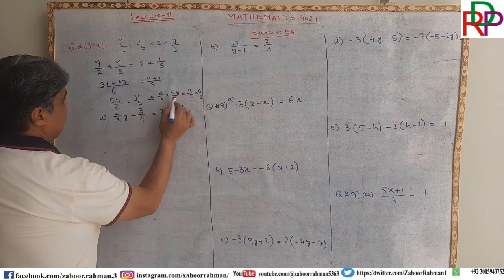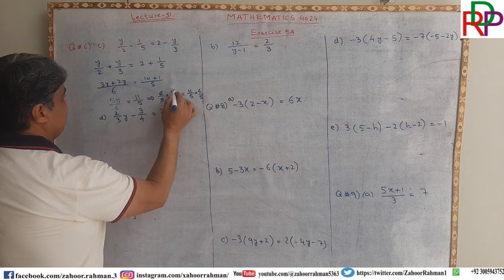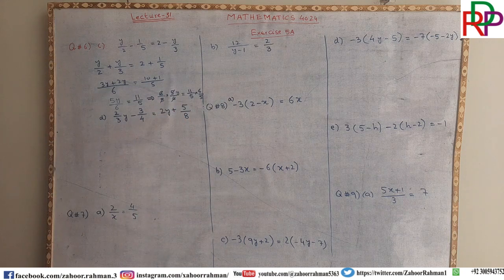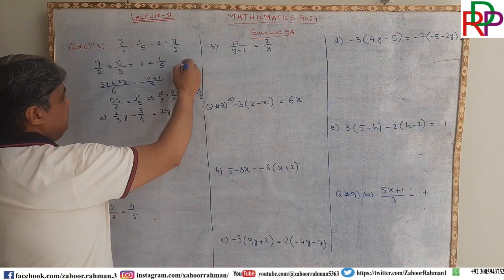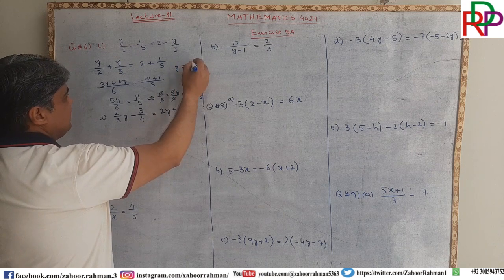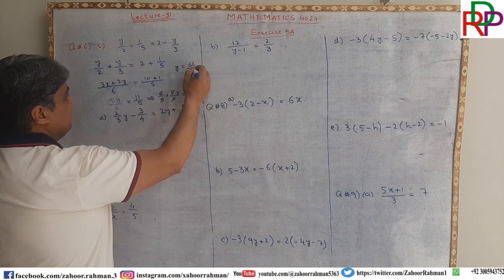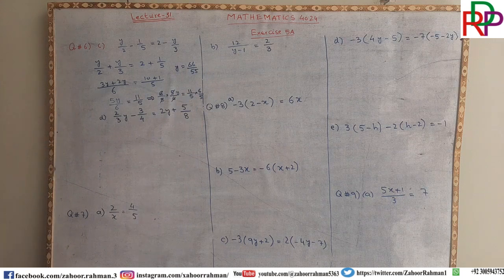So this will be cancelled with this, and this will be cancelled with this. So we are left with y is equal to 66 divided by 55.